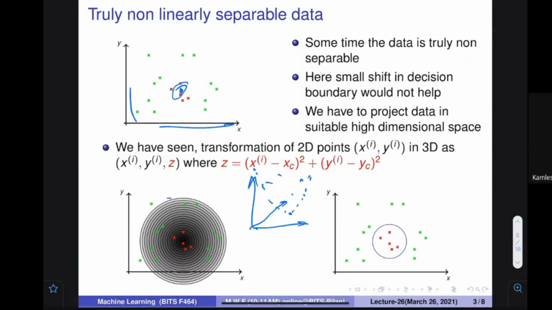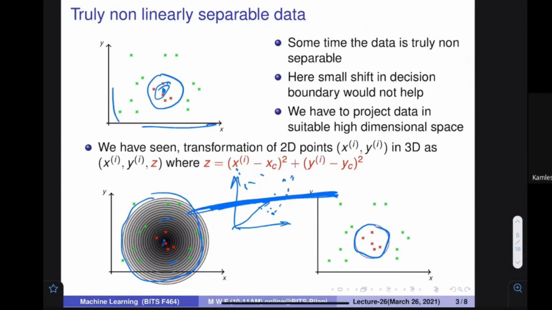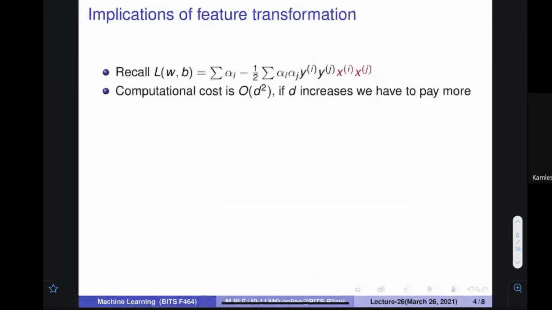So from the top it looks like a well, where all the points are actually inside. Here you can find a decision boundary that you can cut. All these points would be below that particular line, and other points which are outside would be up. So you can find this kind of decision boundary. This is called the data projection. This is the higher dimension transformation of the data.